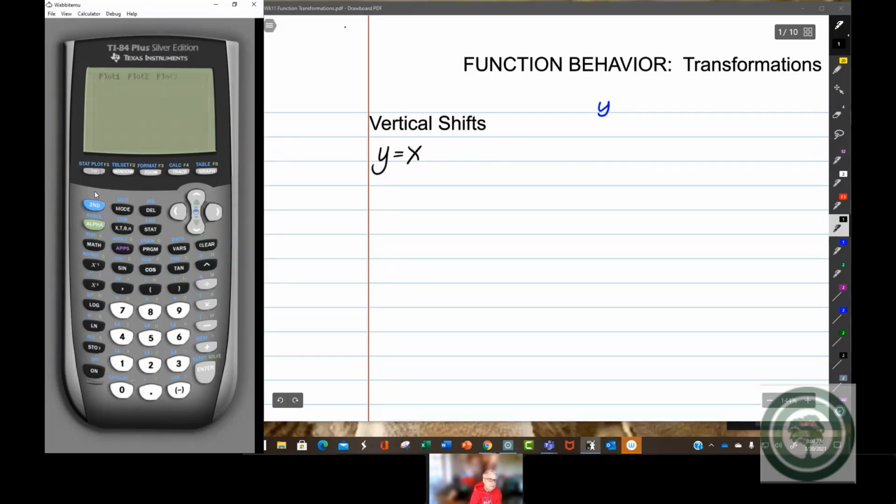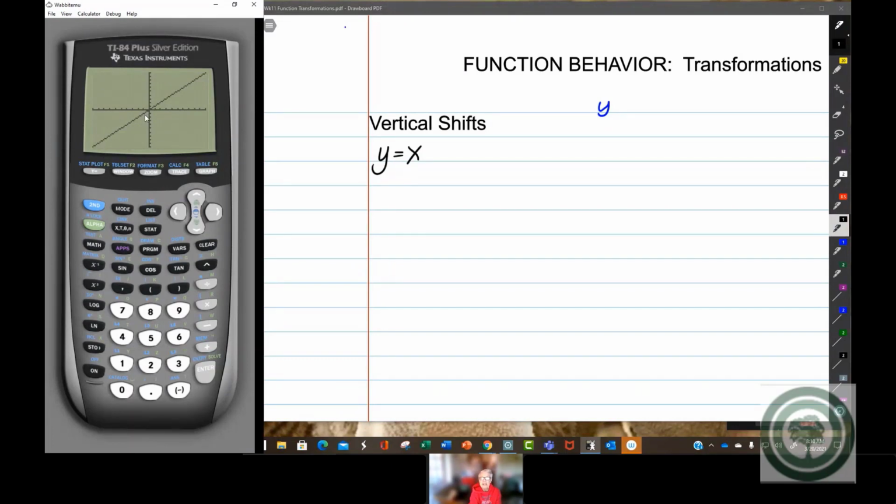I'm going to graph it real fast. Y equals x. That's all there is to it. And there's the line y equals x in its home position. Notice the home position most of the time has it crossing at 0, 0.